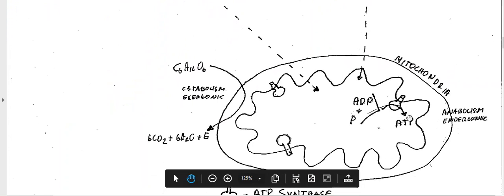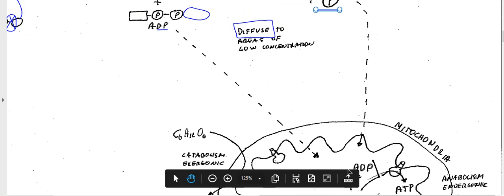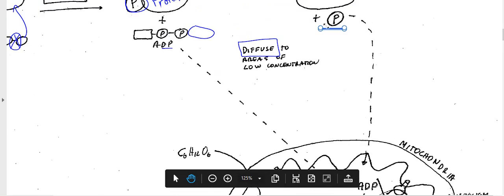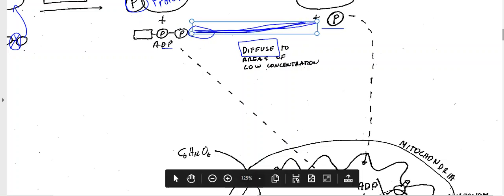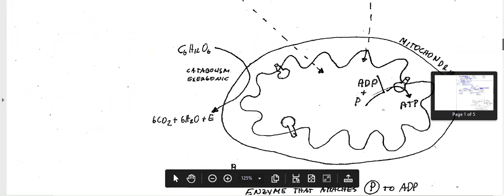Remember, the mitochondria is making ATP, but it's taking in ADP and phosphate because it's diffusing in from the cytoplasm. So these two substrates, which we need to put back together, we have to make this bond. And that bond is going to take energy, so we're going to talk about where it comes from, but they're diffusing back into the mitochondria.